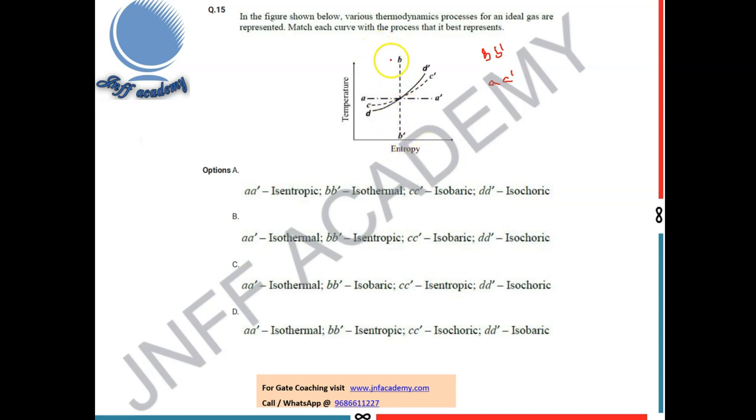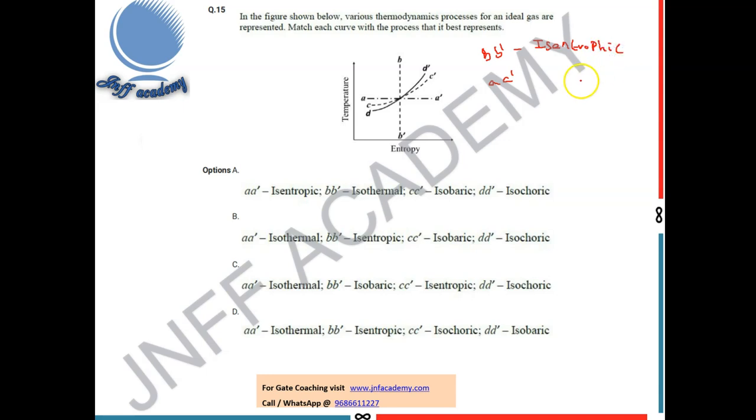Entropy is 0 from B to B dash. There is no change in entropy, only temperature has got changed. So if there is no change in entropy, that process is called isentropic process, that we have studied. Okay, then B dash is isentropic, which is very clear because there is no change in entropy.